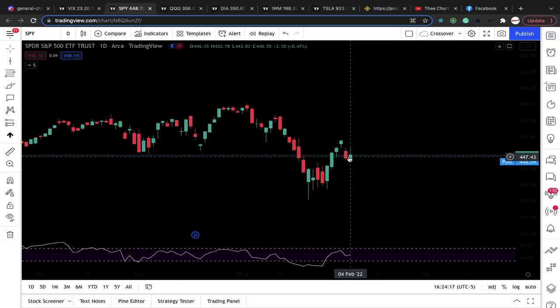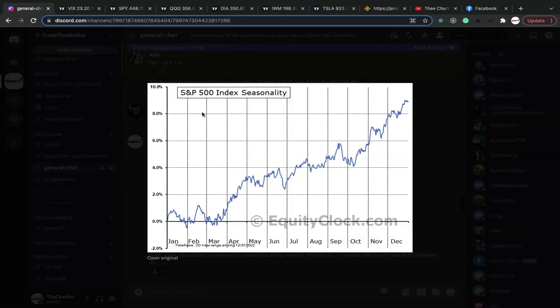Okay. Now this week was supposed to be some type of pullback according to seasonality. You can see right here we got that pullback, and then next week, the second week of February, we're supposed to blast off into a new all-time high. Now, like I always say, take seasonality with a grain of salt.